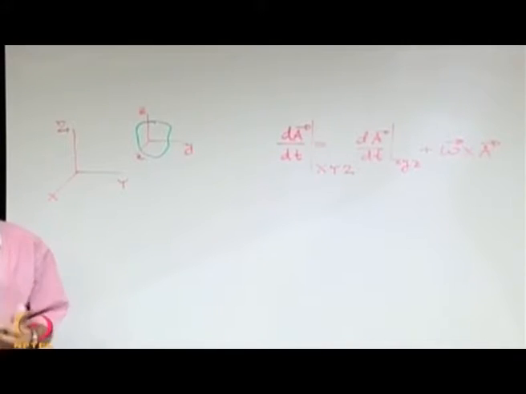So, the way in which the control volume moves, small xyz motion represents that. Small xyz motion has two important aspects, one is the translatory motion, another is the rotational motion.